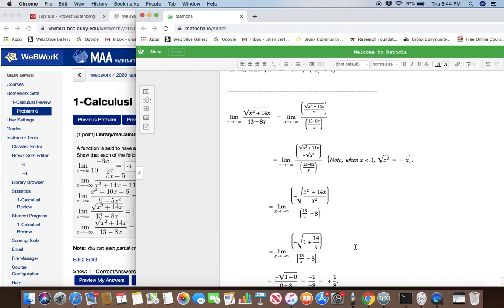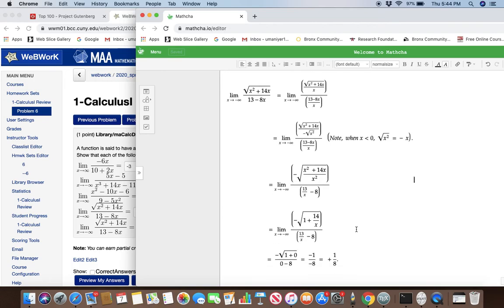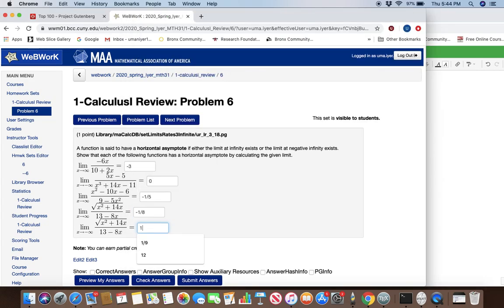Everything else is the same. Division distributes, that's a 1 plus, that's a 14 over x. This is 13 over x, that's all well and fine. When x approaches negative infinity, my fractions go to 0. Okay, so negative radical 1, that is negative 1, and here is a negative. So negative over negative is a positive. So it's a positive 1/8.